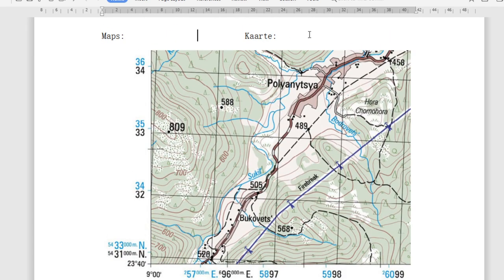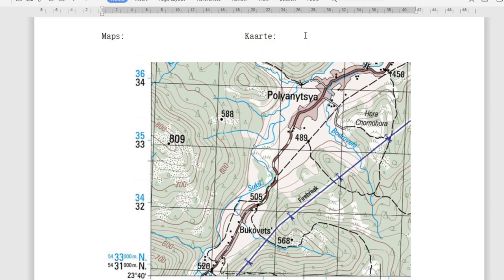So, we're always going to work with 1 to 50,000 maps. Dit is die skaal, the scale is 1 to 50,000. It's a topographical map, a topografiese kaart.